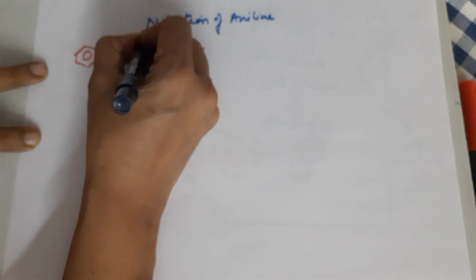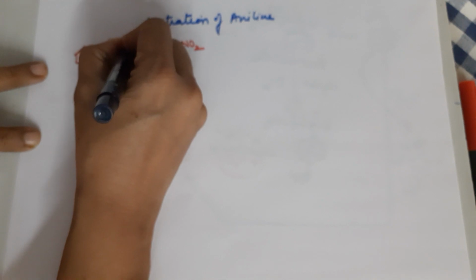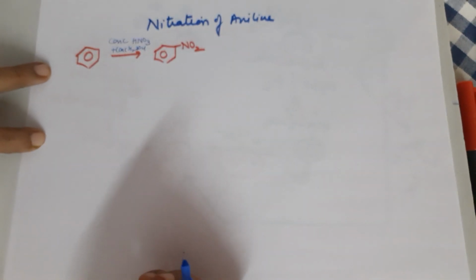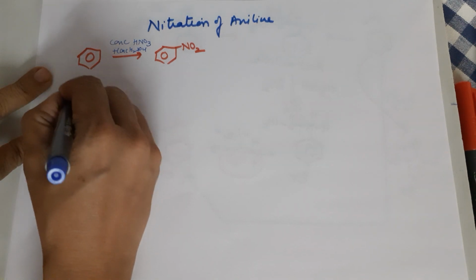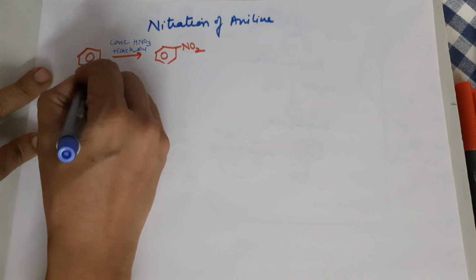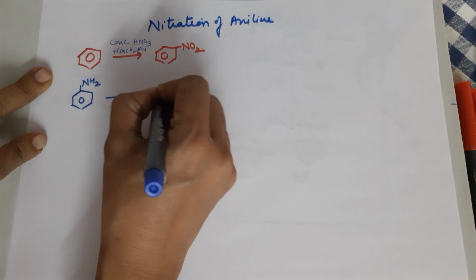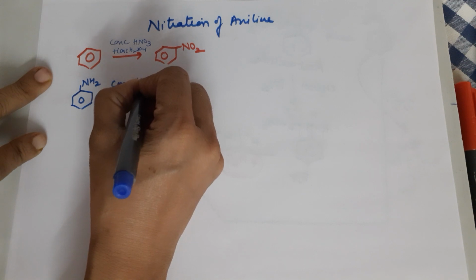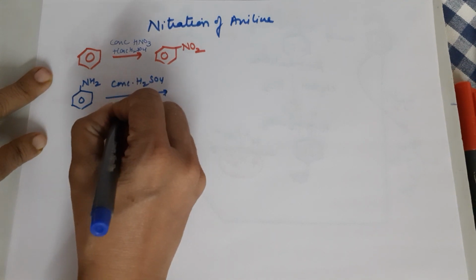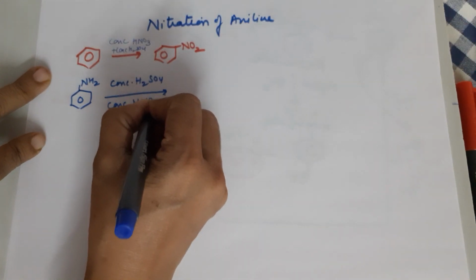Concentrated nitric acid plus concentrated sulfuric acid is what you used to call a nitrating mixture. But the same thing, if you do it on aniline, that is, you add concentrated sulfuric acid plus concentrated nitric acid.